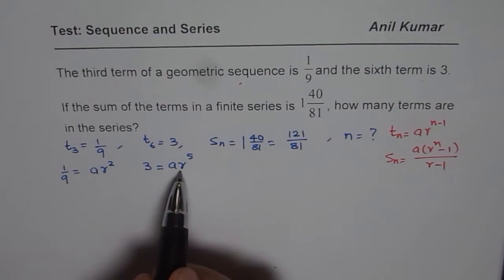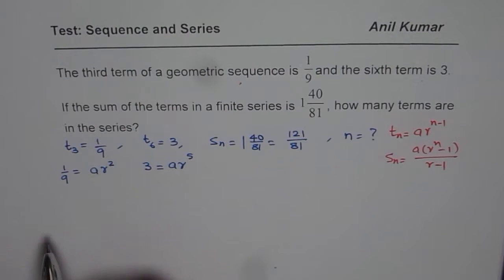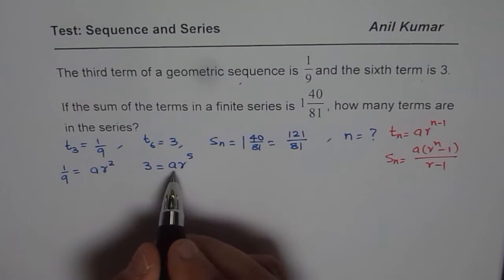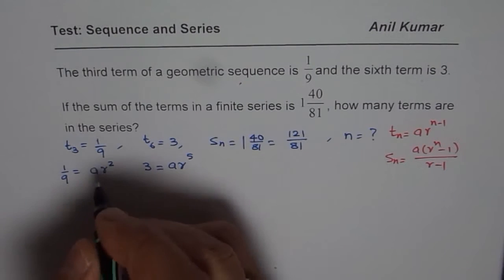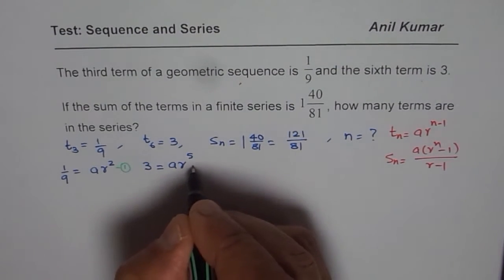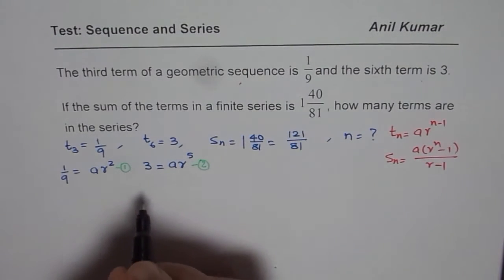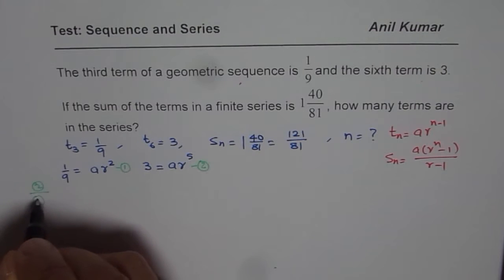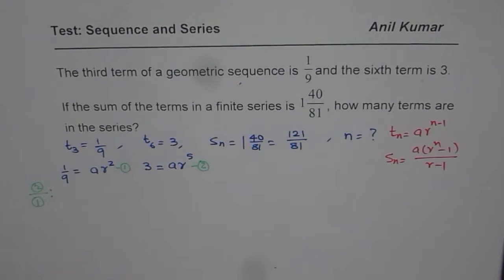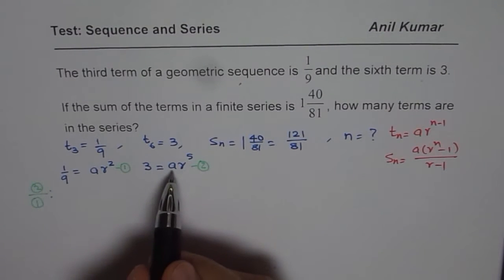Now if you look into these two equations, if I divide one by the other, I get the value of r because a and a will cancel out. Let me say this is my equation number 1 and this is my equation number 2. In that case, I will do equation 2 divided by equation 1. So what do I get?